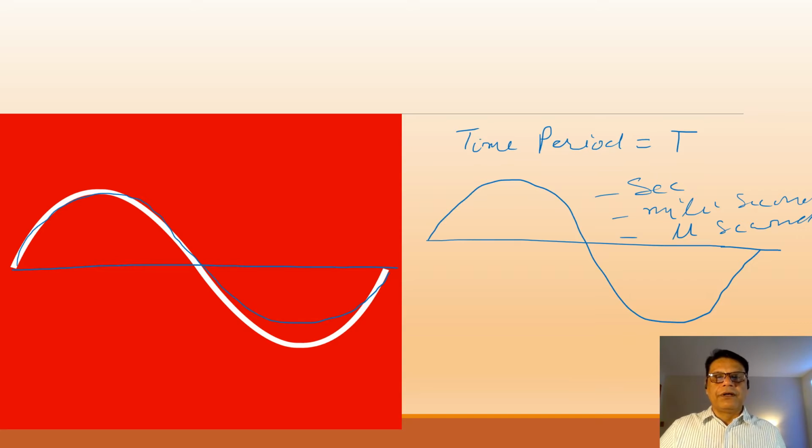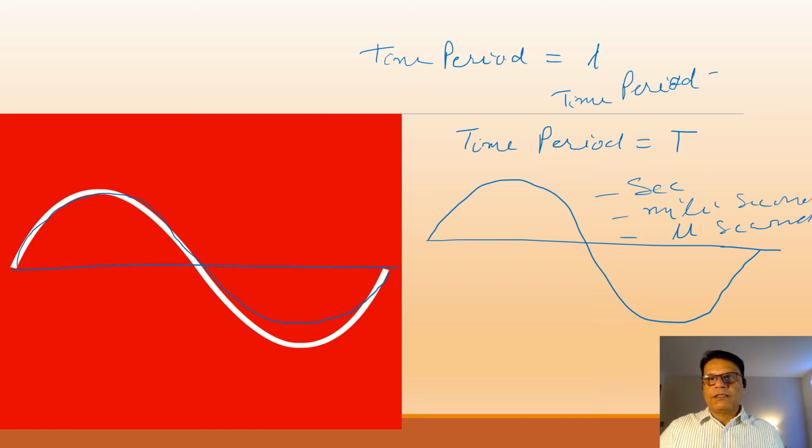Time period is directly related to the wavelength, and we will discuss how they are interrelated. Time period is a reciprocal of the frequency, so you need to remember this relationship.